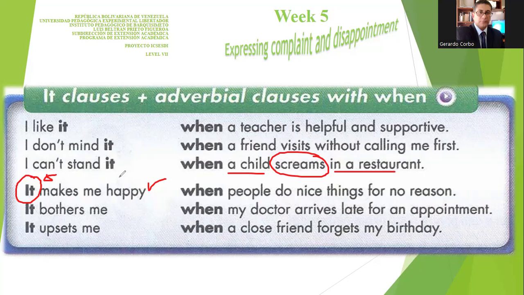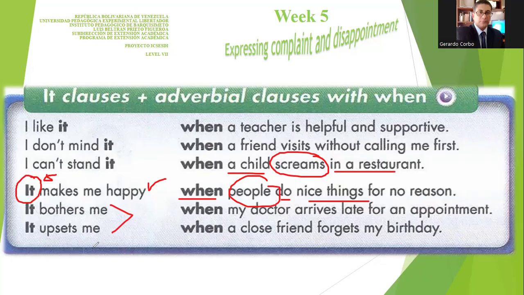So you can use it. It makes me happy when, and you mention subject, verb, complement. So it makes me happy when people do nice things for no reason. Or something that expresses a negative statement is it bothers me or it upsets me.